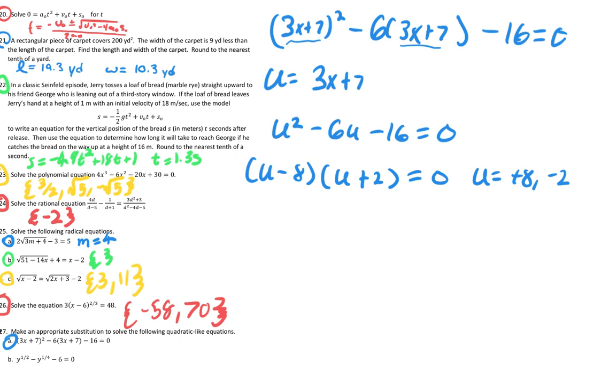Now we can set these equal to what we said u was, so we'll do the 8 first. Subtract off the 7 from both sides, and then we'll divide by 3. And then we'll do the same thing for our negative 2.